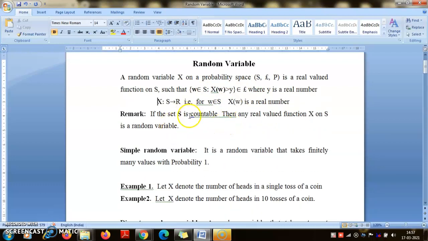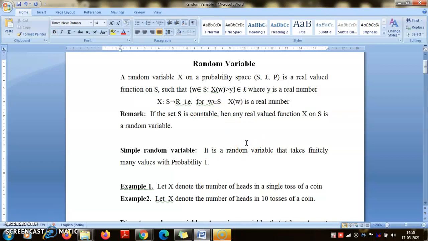In fact, if S is countable, that means if either S is finite or even if S is infinite but countable, that means there are as many elements as there are natural numbers, then this condition is irrelevant. Then any real valued function we will call a random variable.